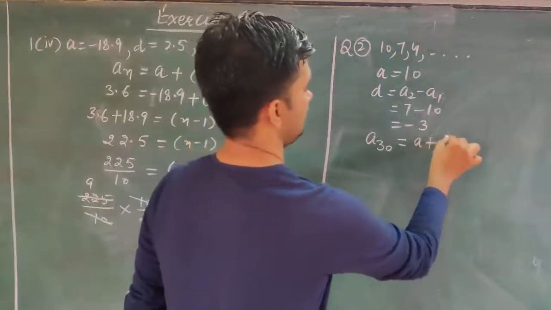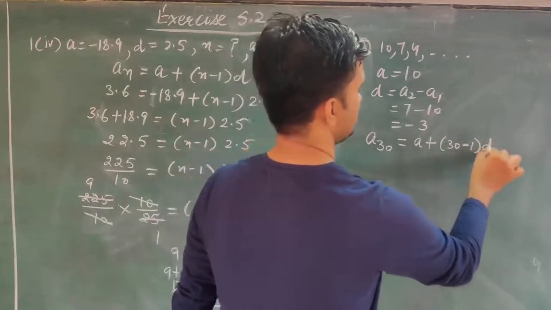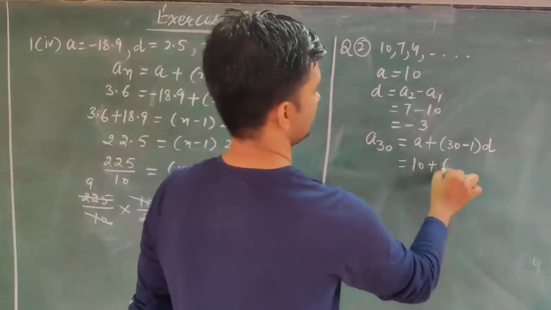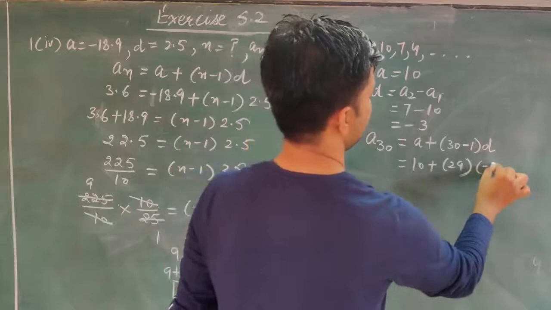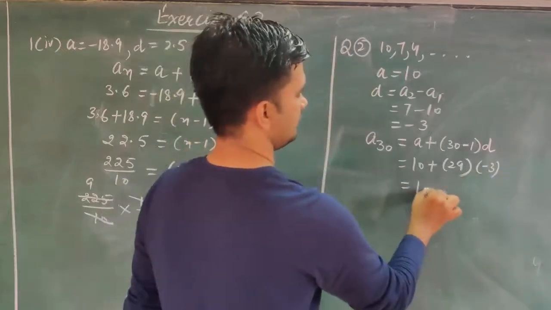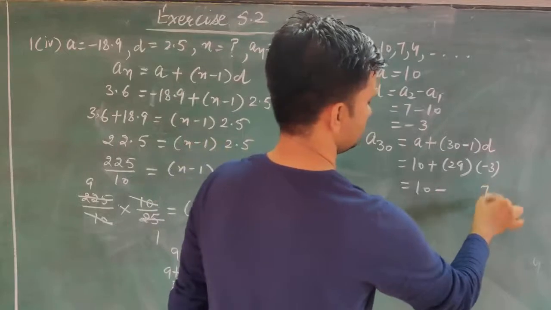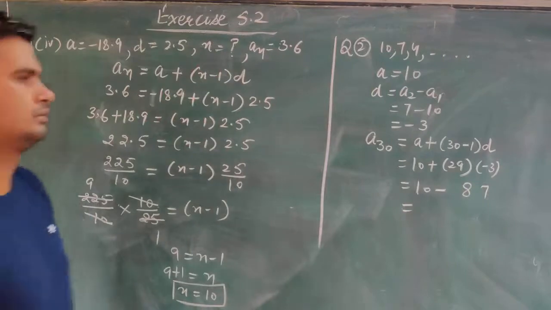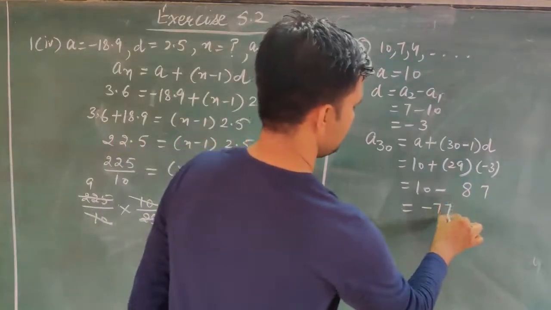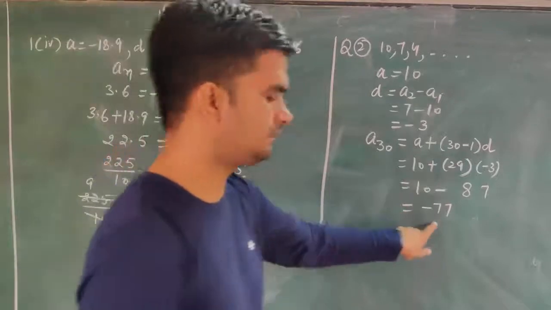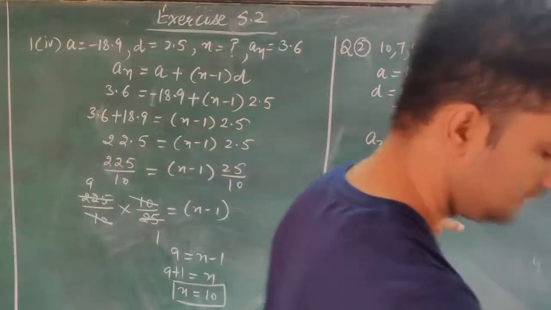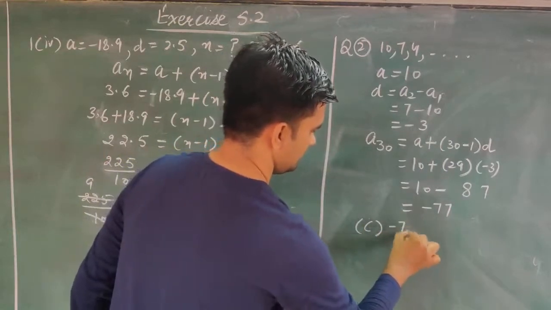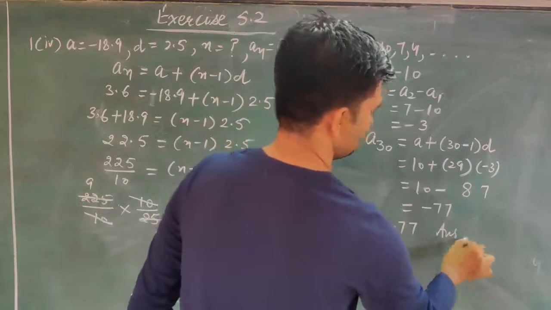So it is equal to A plus 30 minus 1 into D. A is 10, 30 minus 1 is 29, D is minus 3, so 10 minus 87, it is minus 77. So the term which is at 30th place is minus 77. So option C, minus 77, is the answer.